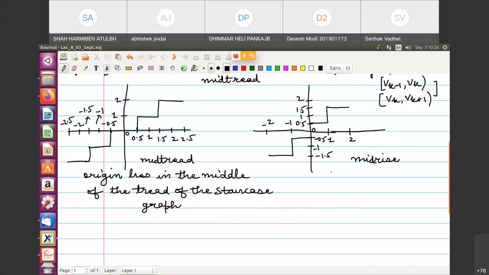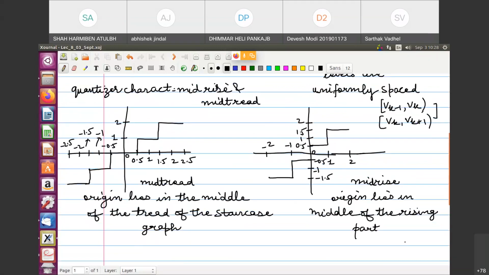And in this case, the origin lies in the middle of the rising part. So this is quite clear from the graph, you can see. Let me just annotate it properly. This is input level and this is output level. Okay. And the same follows for the second graph as well.